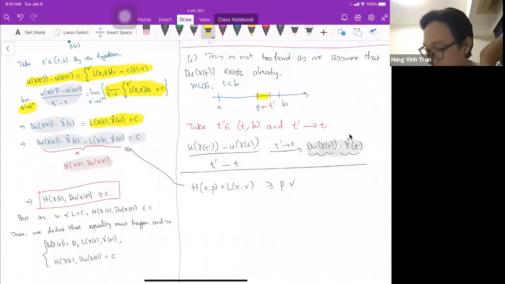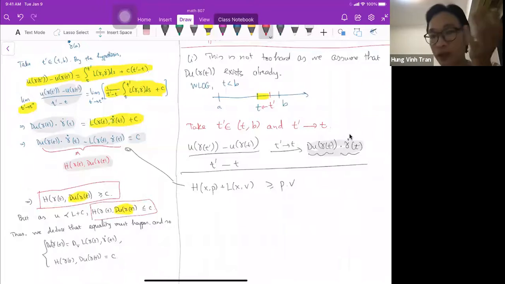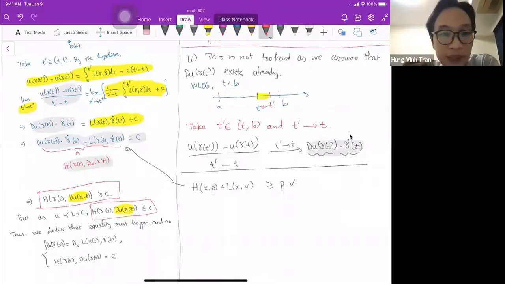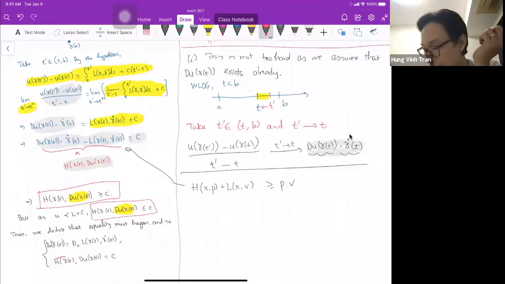On the other hand, u is differentiable at gamma t. By the previous result that we proved, and also thanks to your questions earlier, at any point of differentiability I have this inequality. So u is differentiable at gamma t, and I have the converse inequality. Combining the two, we must have equality, so H of gamma t, du gamma t equals c.